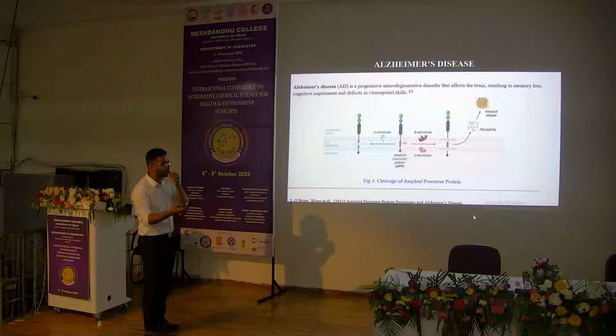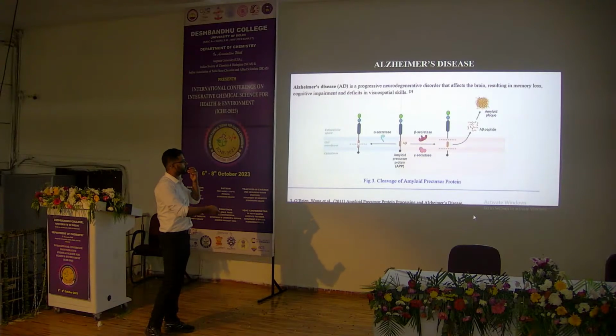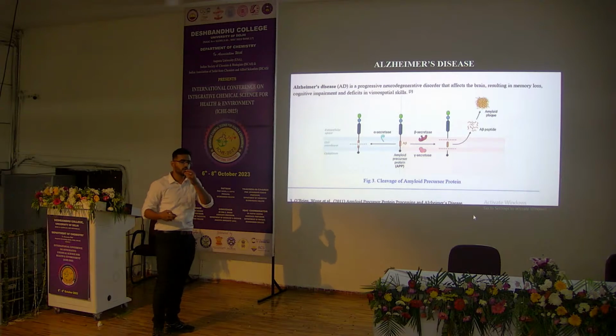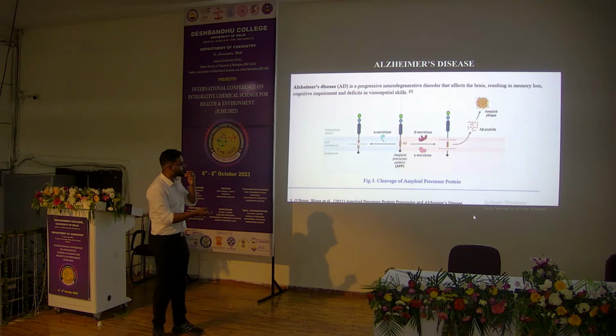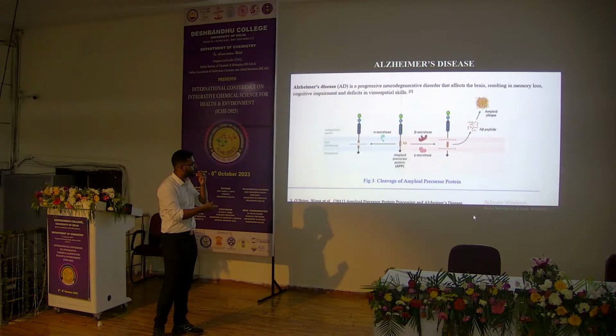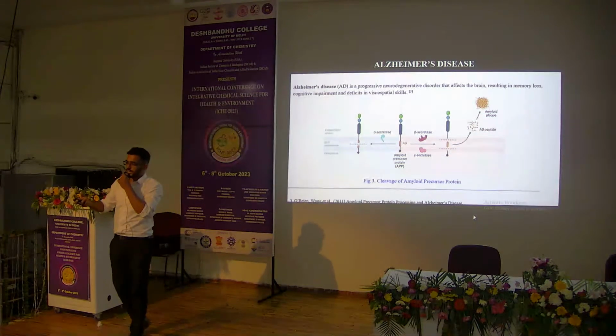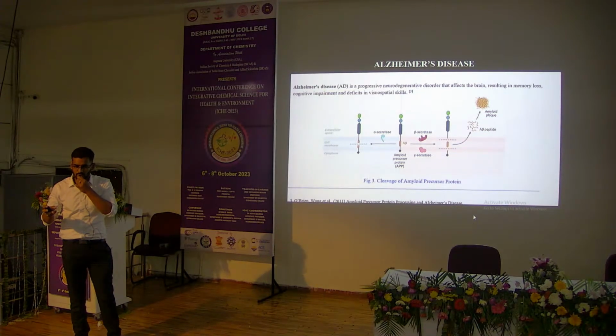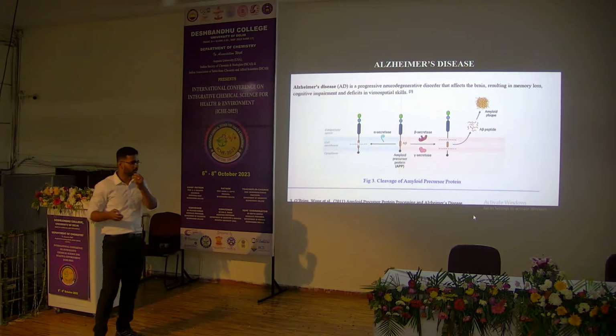But due to some unknown factors, when it's cleaved by beta secretases and gamma secretases, this leads to an improper cleaving. This causes formation of amyloid beta peptide. These peptides oligomerize, aggregate, and form amyloid beta plaque. This plaque gets jammed between neurons, and due to this, Alzheimer's occurs. Am I clear? Any doubts? Okay.